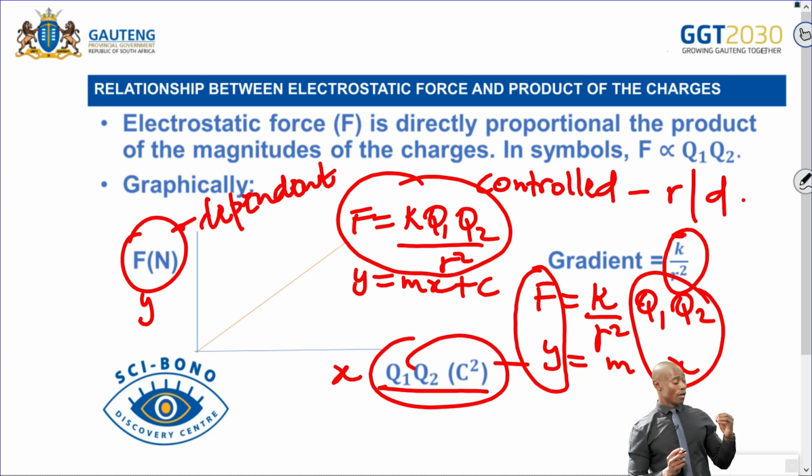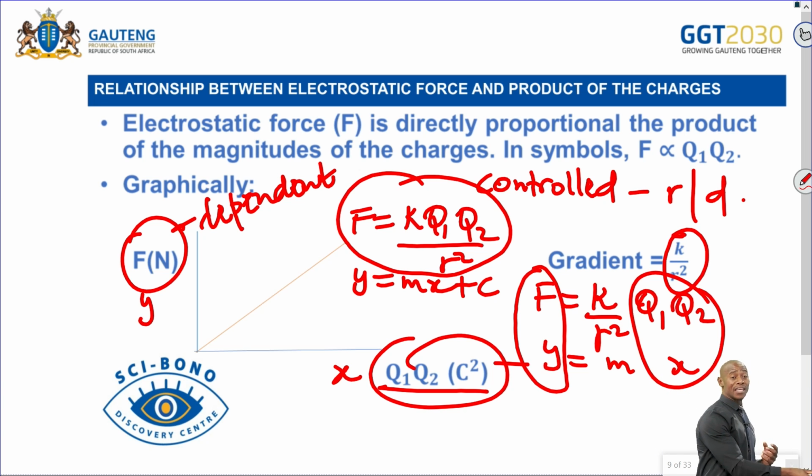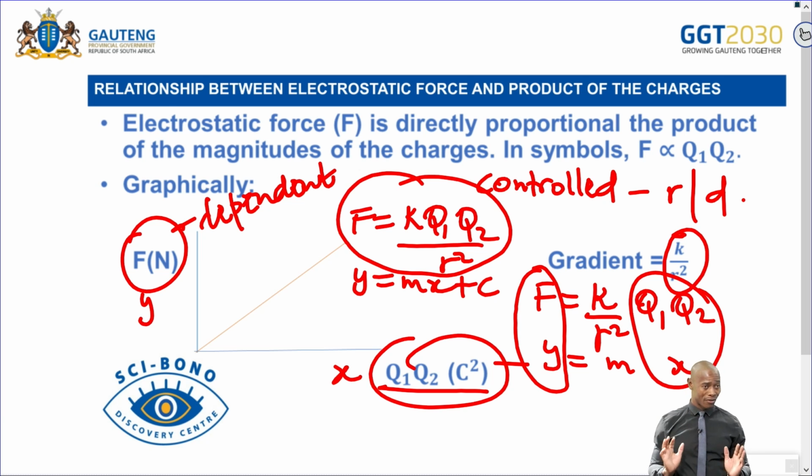So if you are given a graph like this, because it might happen that we get a graph like this, showing the relationship between the product of the charges and the electrostatic force, or the electrostatic force and the product of the charges.